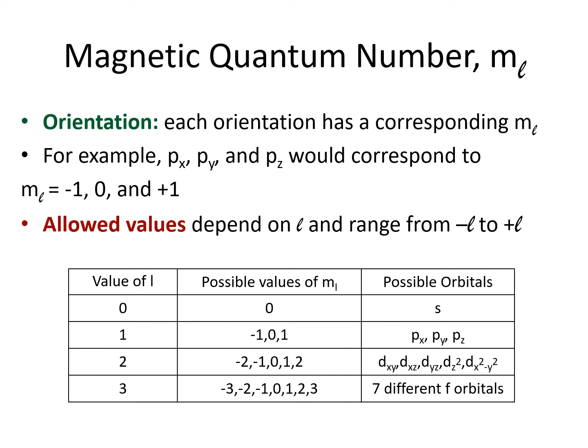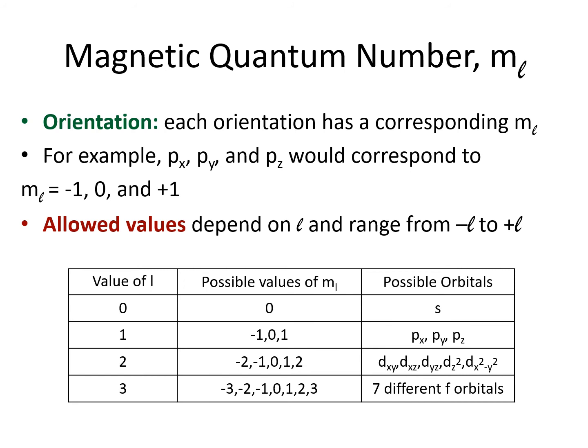The allowed values for m sub L range from -L to +L. If L is 0, the allowed values range from -0 to +0, so that's just 0. It makes sense that there is just one allowed value for m sub L when L equals 0, because s orbitals have only one orientation.